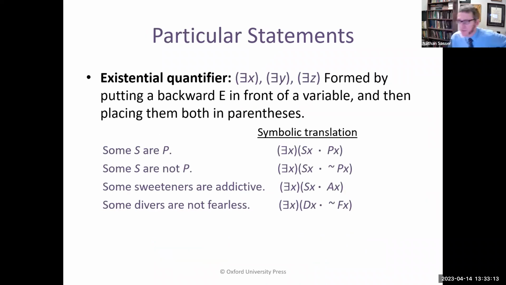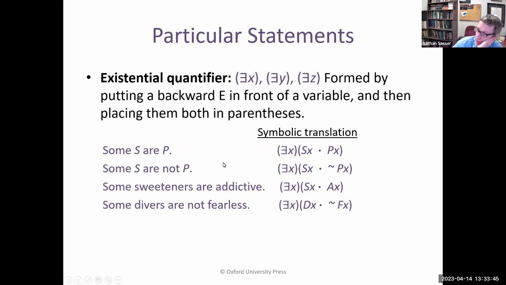All right, so those are universal statements. Let's look at particular statements. Particular statements are those that have an existential quantifier. An existential quantifier is a backwards E followed by a variable X, Y, or Z, and all that's in parentheses. And what the existential quantifier says is that at least one individual, and it doesn't specify which individual, at least one, some, perhaps more.